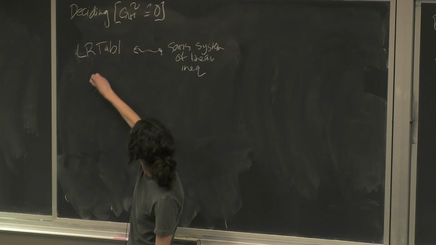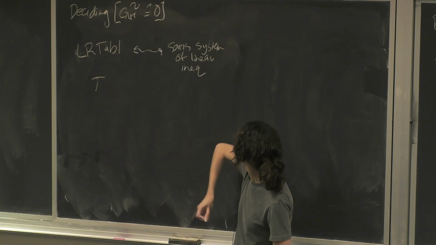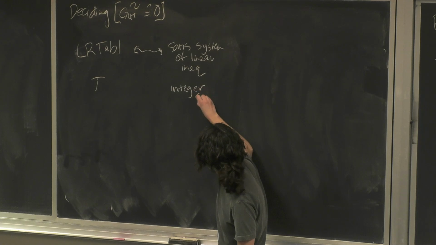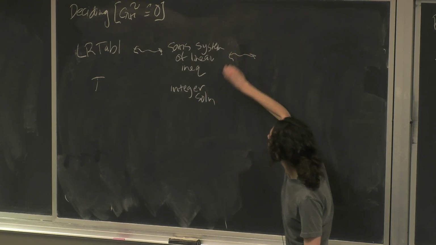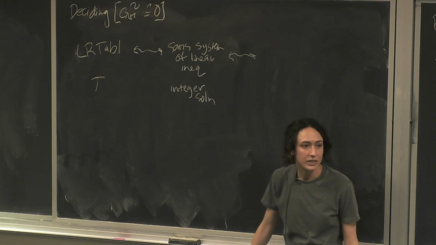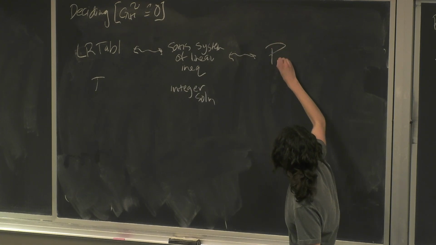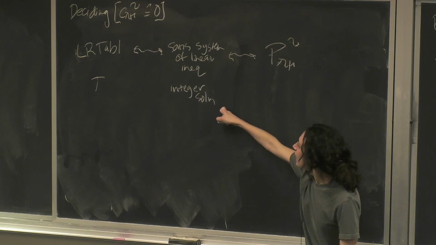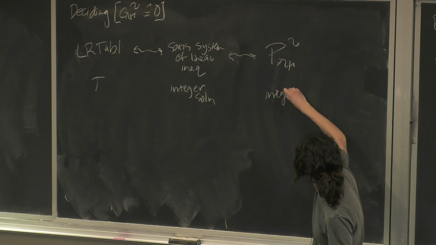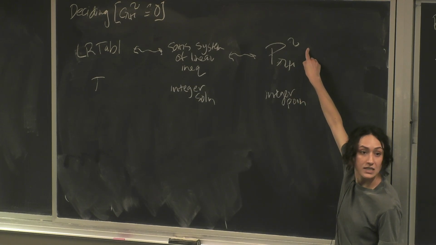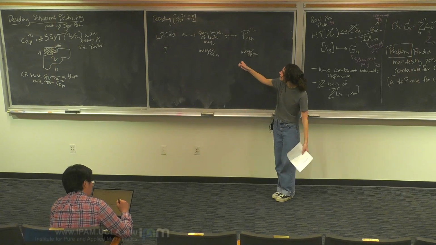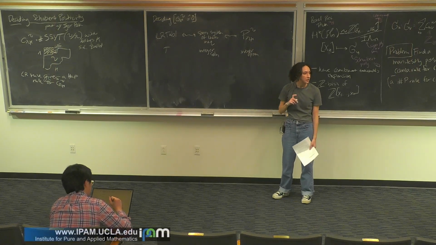A tableau T that we would want to recognize would be an integer point, or an integer solution here. If we're satisfying a system of linear inequalities, it looks like we're building a polytope, and we exactly are. So this gives some polytope, P lambda mu nu, and an integer solution, or a tableau, corresponds exactly to an integer point inside of this polytope. That decision problem is really asking, is there an integer point in this polytope?